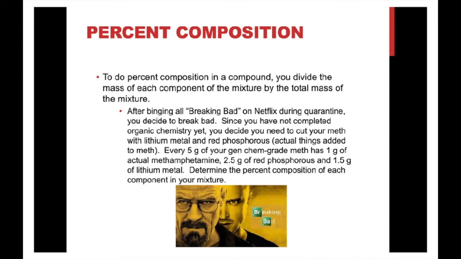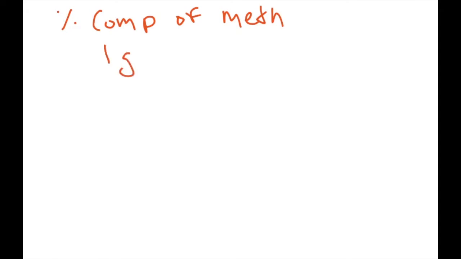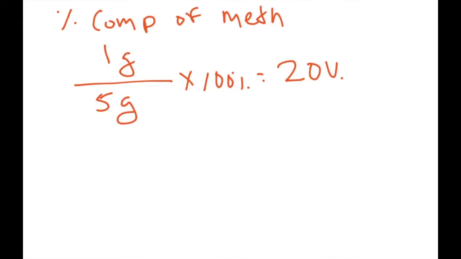So let's look at this real quick. What's the percent composition of actual methamphetamine in your meth? Well, you have 1 gram of meth. You have 5 grams of mixture of overall solid. Multiply that times 100. It's going to be 20% of your horrible Gen Chem grade meth is actually meth.